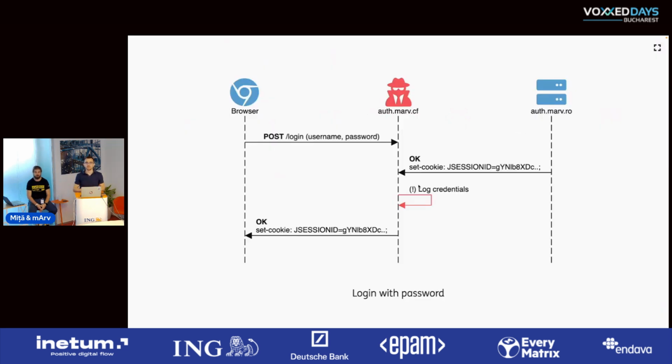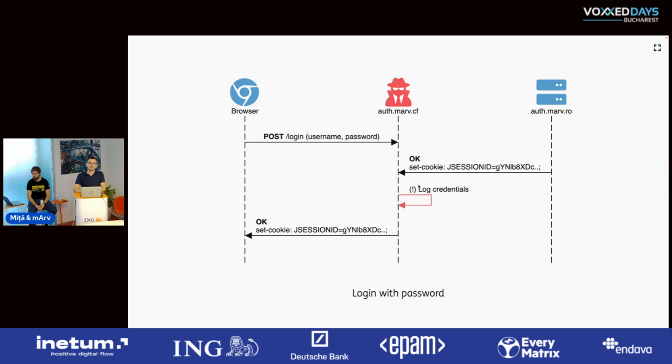So when we talk about phishing attacks, usually you have the real application, the one with the blue on the right-hand side, and an evil machine intercepting the traffic and acting as the real application. So now the evil machine, the one with the red, it's actually a reverse proxy to the real application.